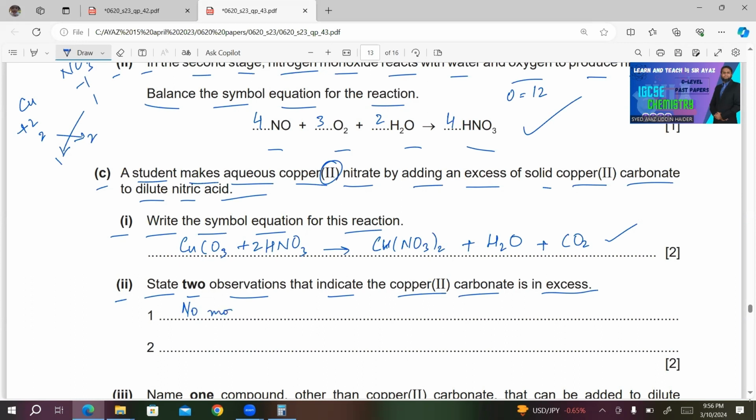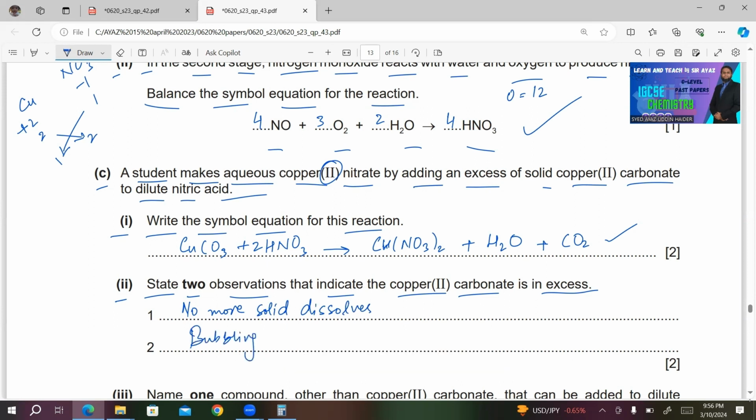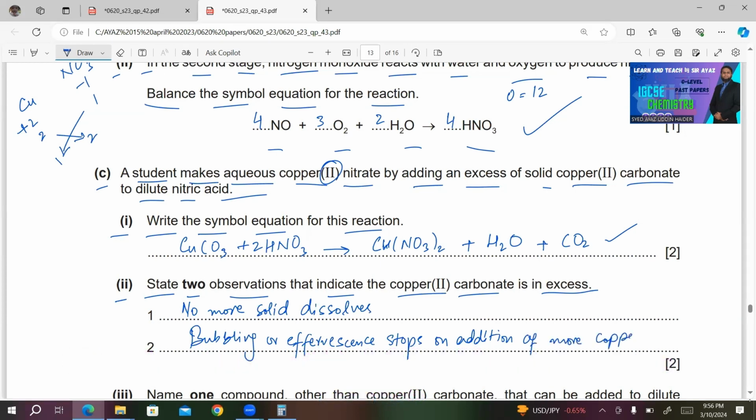No more solid dissolves or undissolved solid, and bubbling or effervescence stops on addition of more copper 2 carbonate. This indicates that copper 2 carbonate is in excess.